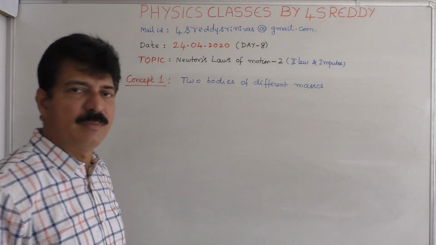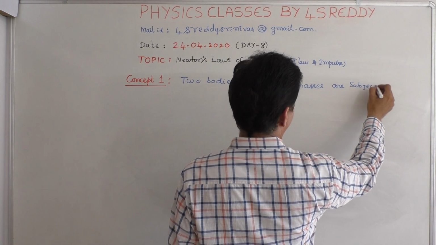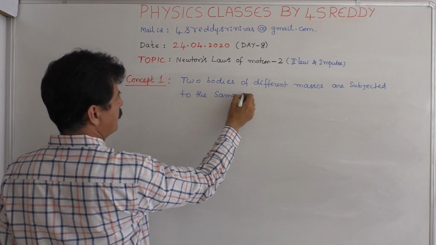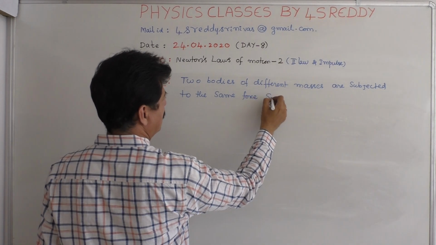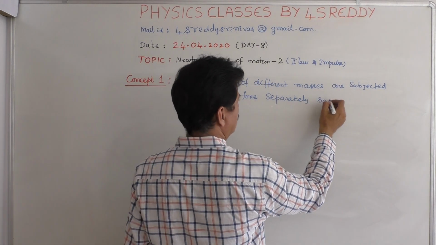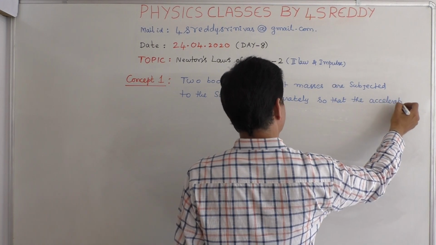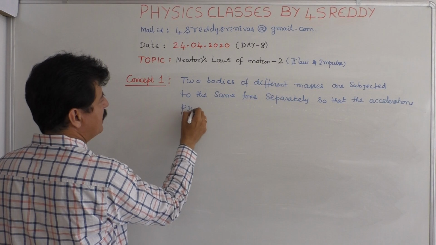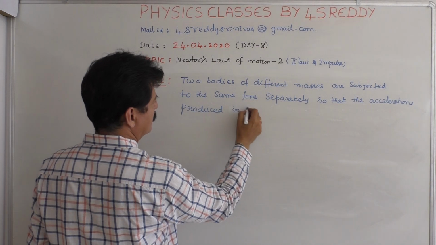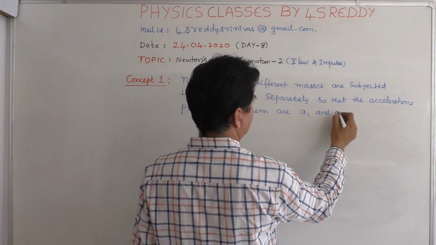Two bodies of different masses are subjected to the same force separately, so that the accelerations produced in them are A1 and A2 respectively.